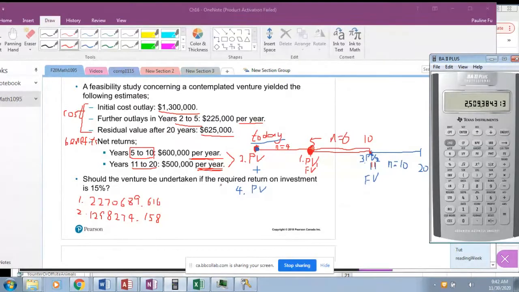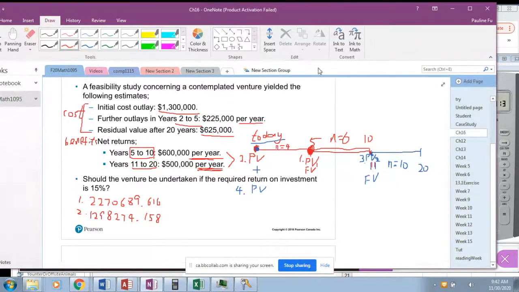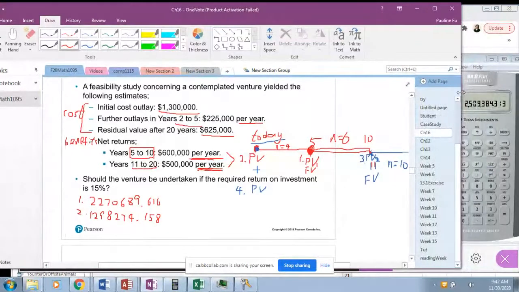At the same time, I also need to copy down this number. Maybe I will copy it down before, in case I lose this number. So this is the result of step 3.